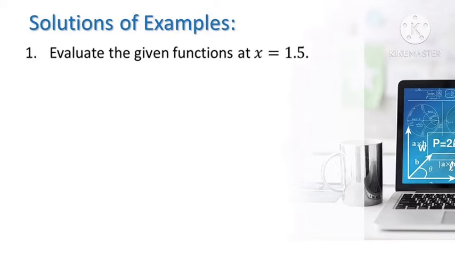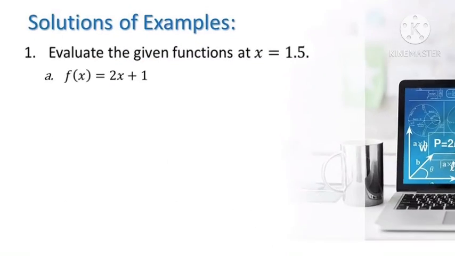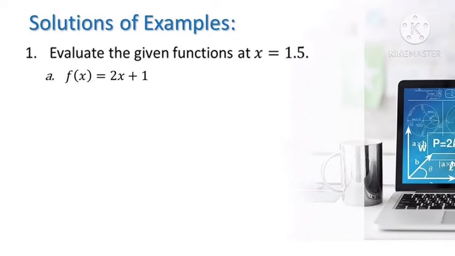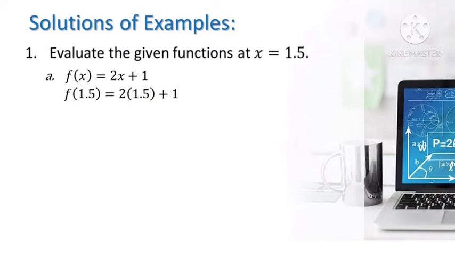Number 1, evaluate the given functions at x is equal to 1.5. For the first function, which is f of x is equal to 2x plus 1, all we have to do is to simply replace the value of x with 1.5. Thus, the function became f of 1.5, which is equal to 2 times 1.5 plus 1.